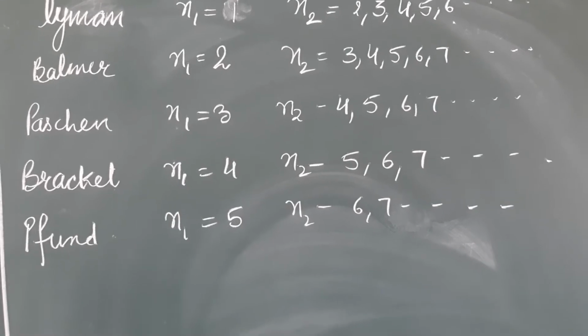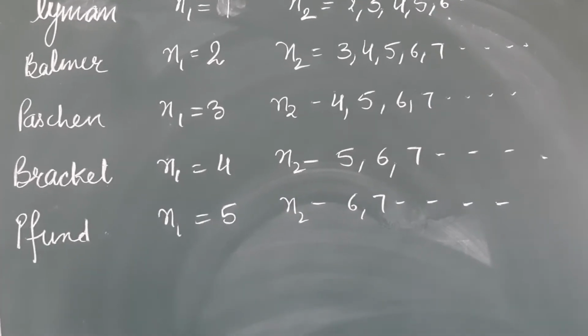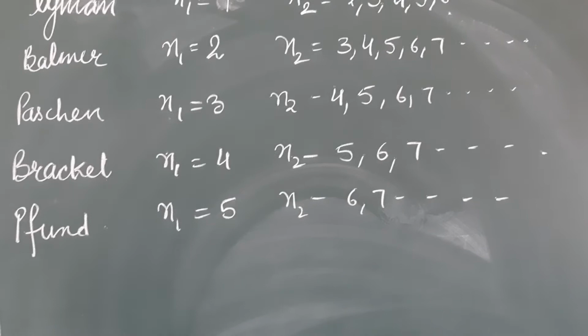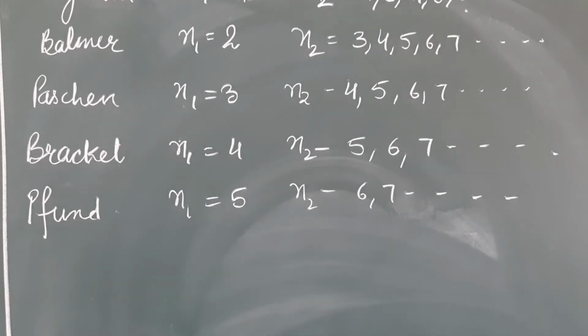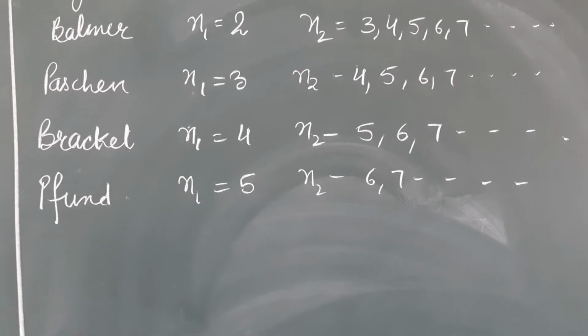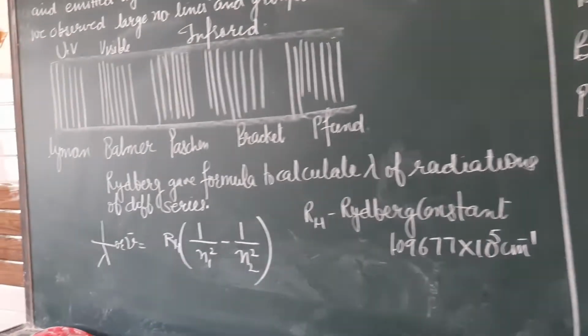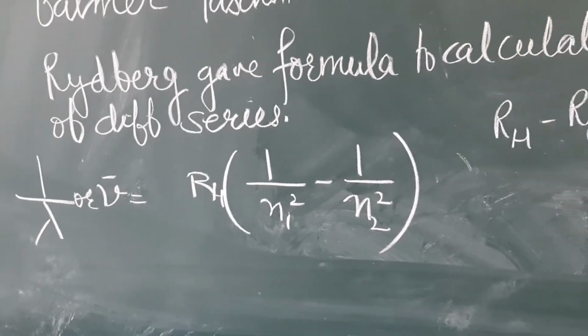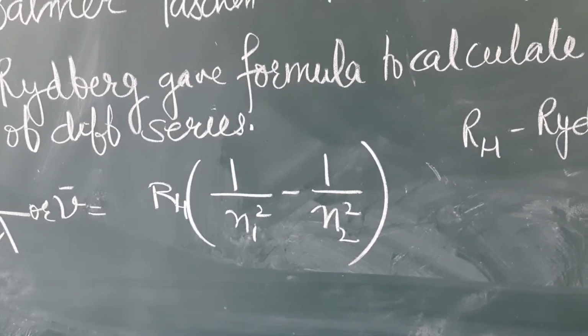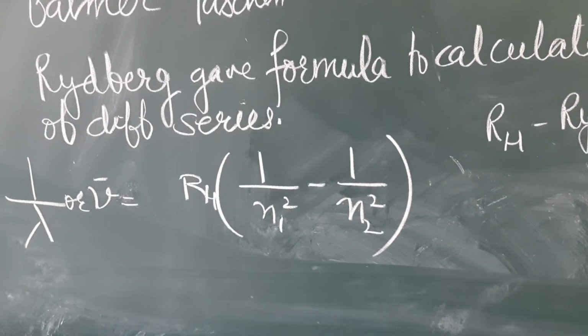For Brackett, N1 value is 4, N2 value may be 5, 6, 7. For the Pfund series, N1 value is 5 and N2 value is 6, 7 or more. So from this formula, you can calculate the wavelength, frequency or wave number of radiation.